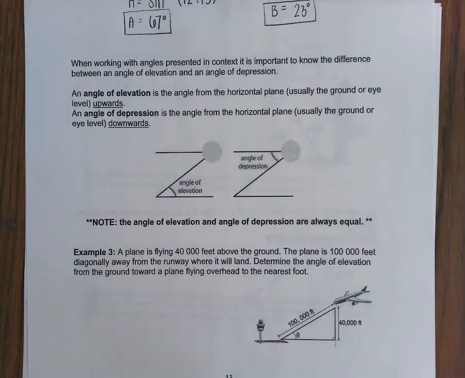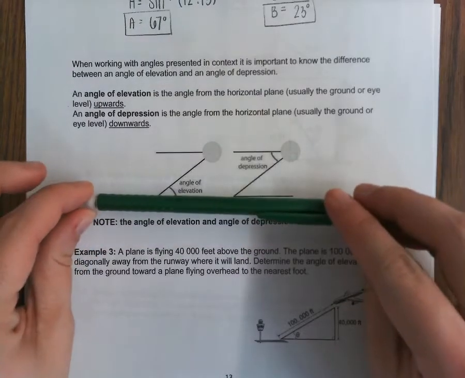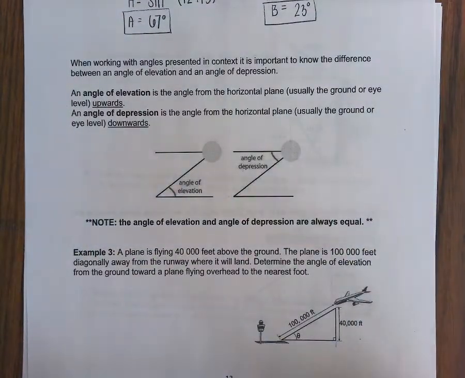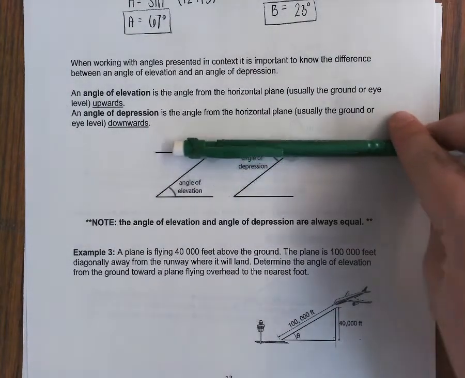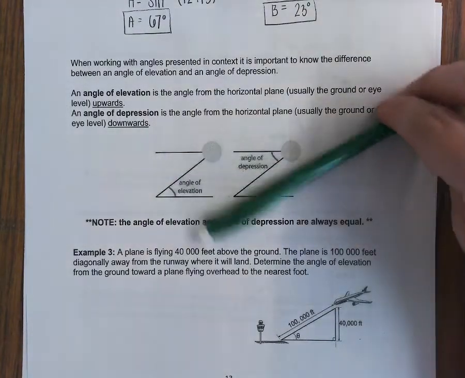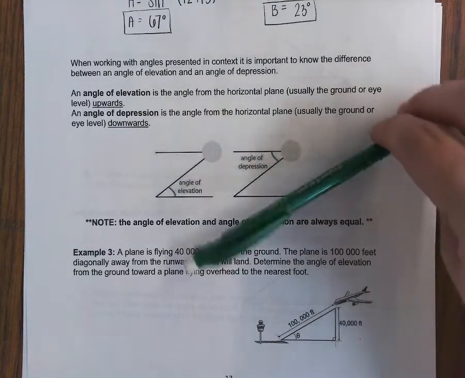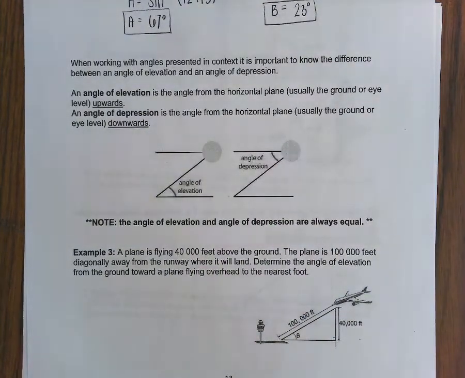Common examples in word problems usually involve an angle going from the ground or somebody's eye level and then looking upward. An angle of depression, on the other hand, goes from the horizontal looking downward, usually eye level looking down or looking down from above. So elevation goes from the ground up and depression goes from the top down.